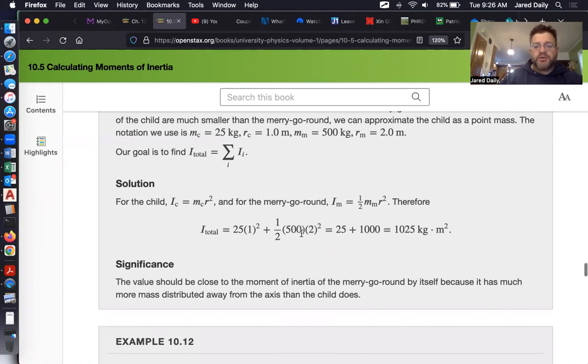If you were going to approximate the kid to be a cylinder, then instead of the moment of inertia of the kid being just the mass of the kid times the radius squared, you would have a much more complex thing.